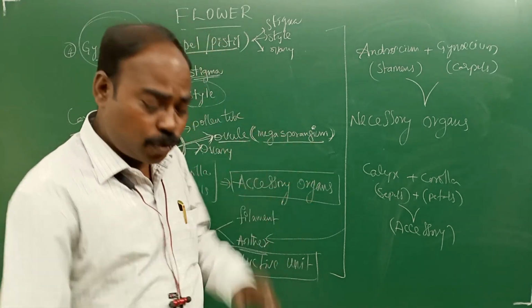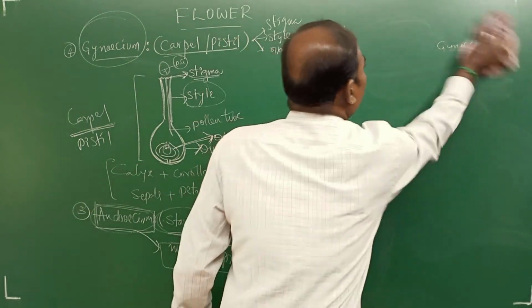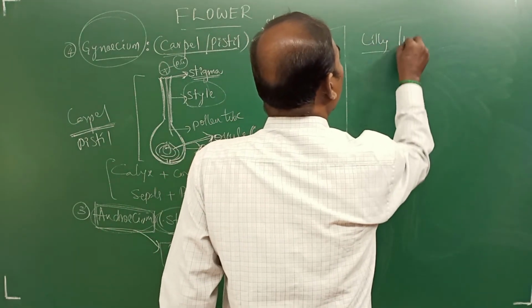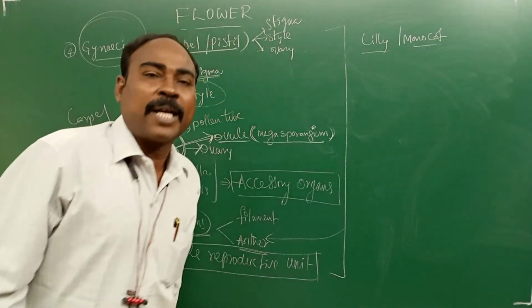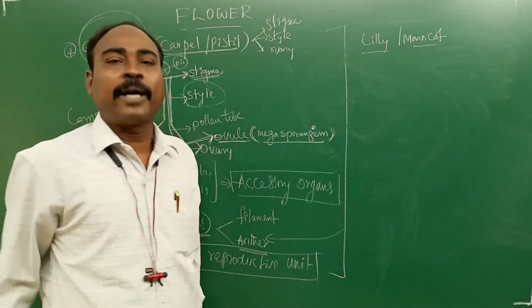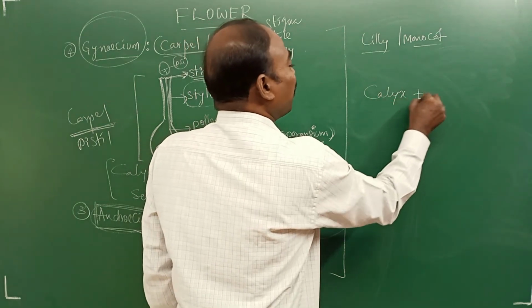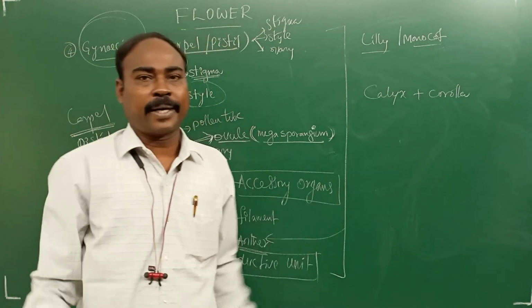In some plants like lily, which are monocot plants, and in most monocot plants, the calyx and corolla are not differentiated.